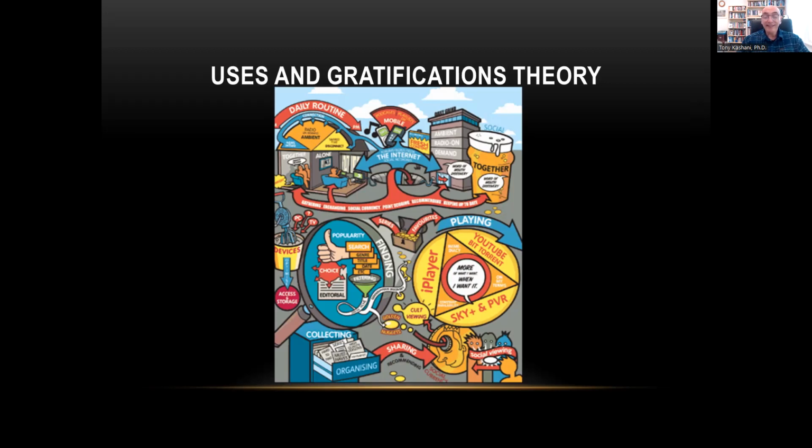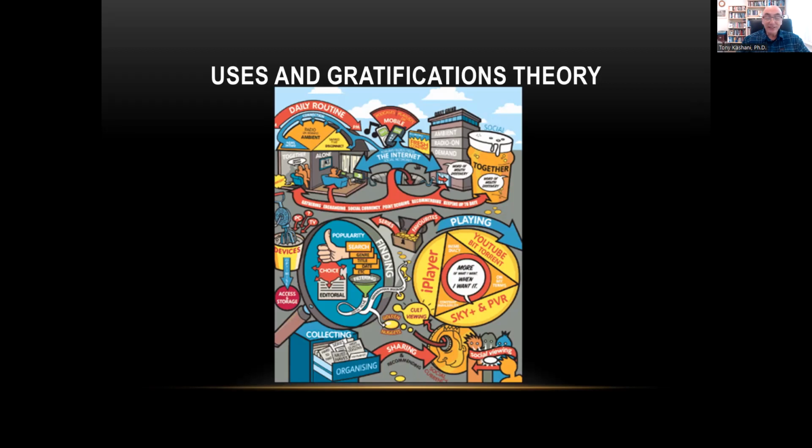The theory recognizes that people have different needs and motivations for media consumption. Factors such as age, gender, social class, personality, and cultural background influence individuals' choices and gratifications derived from media use. Number 5, active decision making.